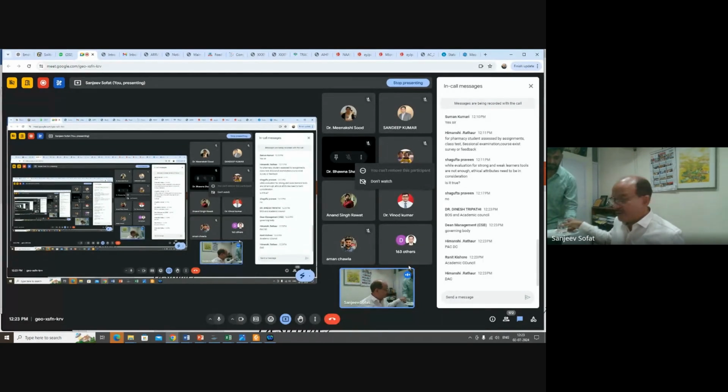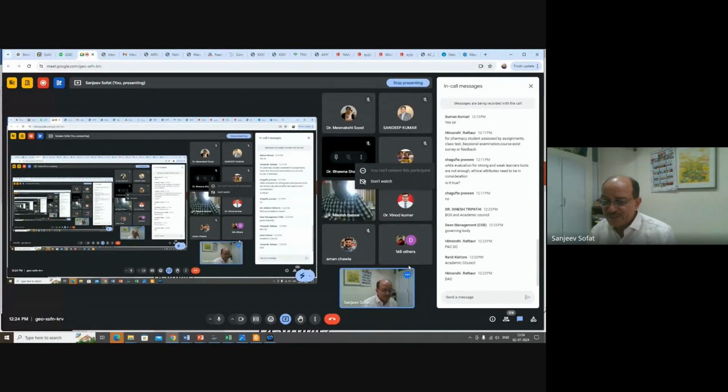Dean management says you have a governing body which approves, but can you clarify what the role of a governing body is in approving the curriculum? Then Himanshi says your PAC or DC are the committees. Ranjit says there is an academic council.